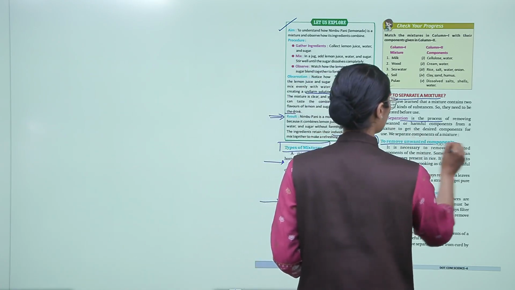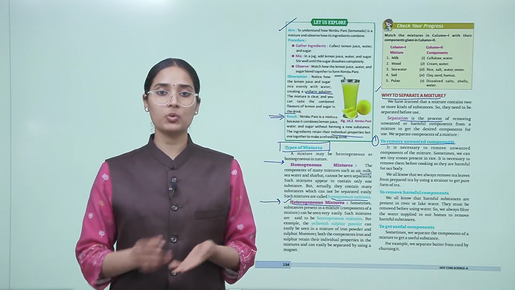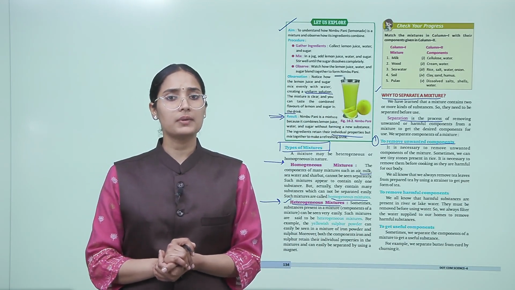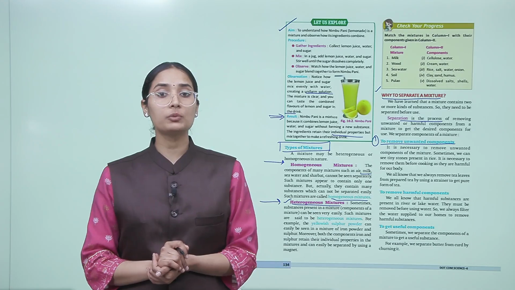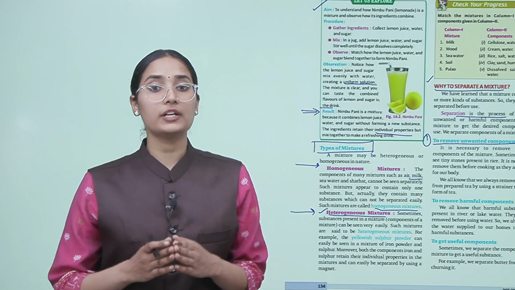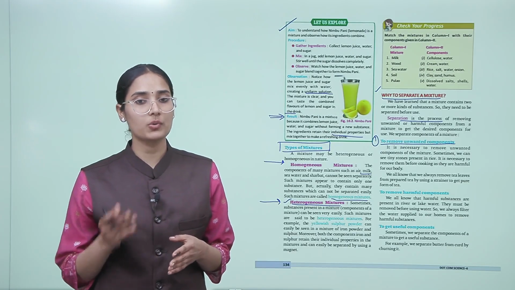First is to remove unwanted components. So first of all, it is necessary to remove unwanted components of the mixture. Sometimes we can see tiny stones present in rice. It is necessary to remove them before cooking as they are harmful for our body. We all know that we always remove tea leaves from prepared tea by using a strainer to get a pure form of tea.